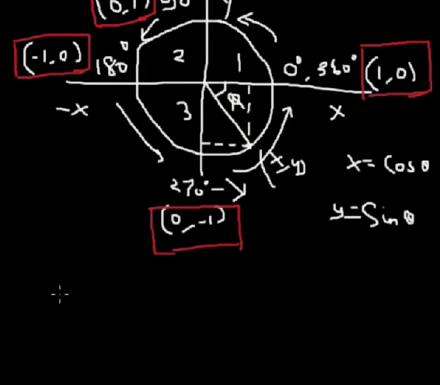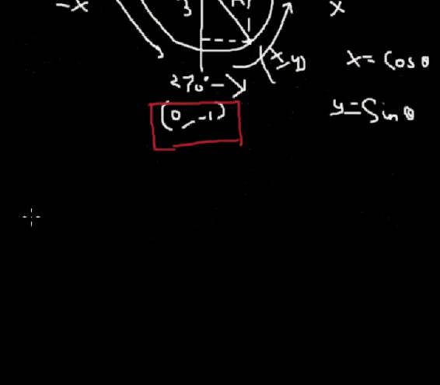To find the x and y values for other degrees, first you need to write x and write y. We make a small table here and write which quadrant you want to find values for. So let me say first quadrant.